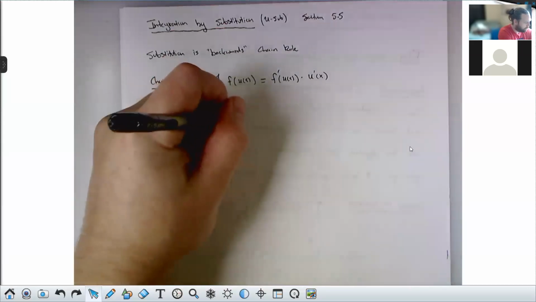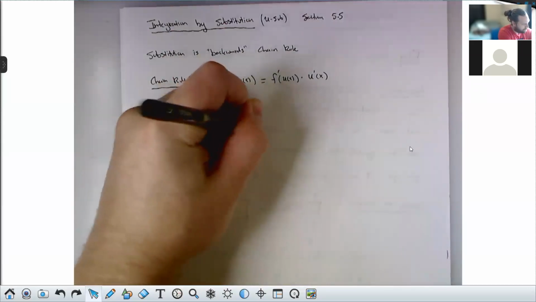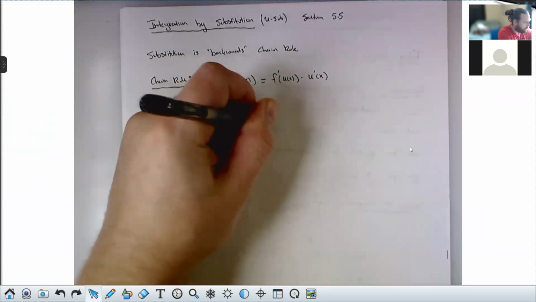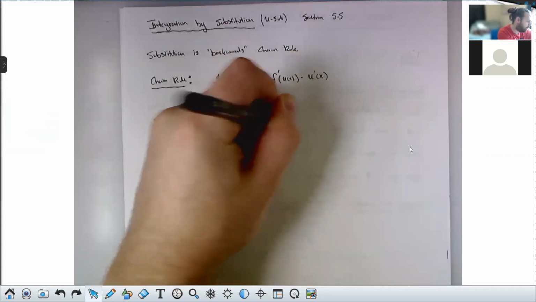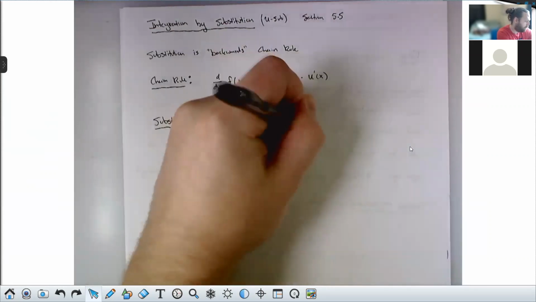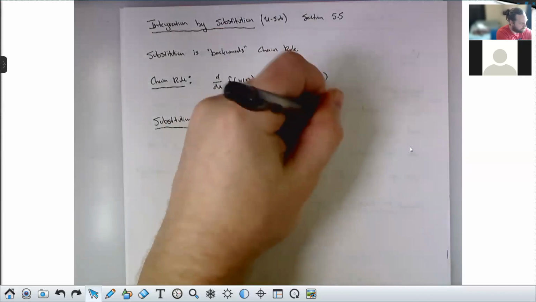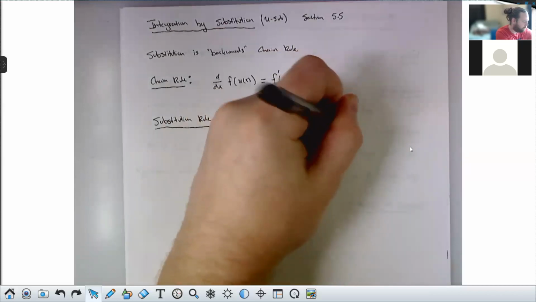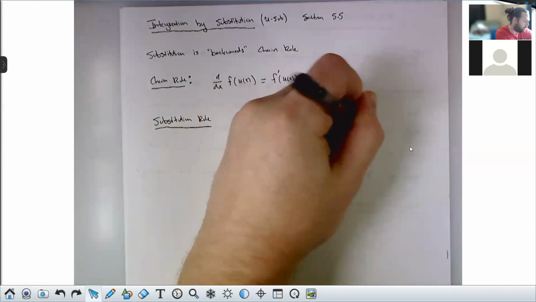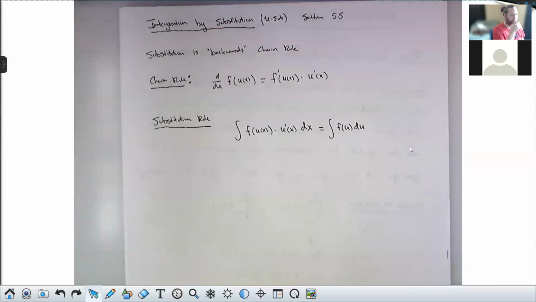So the integral of f of u of x times u primed of x dx is the same as the integral of f of u du. That's basically what this says.